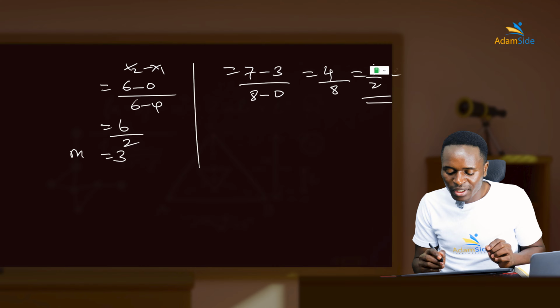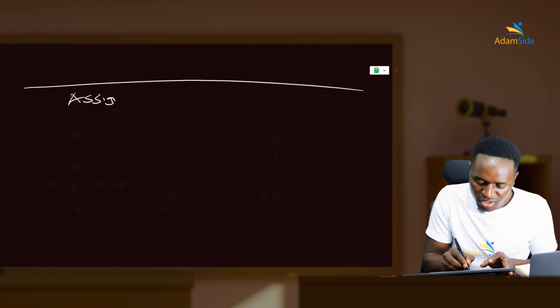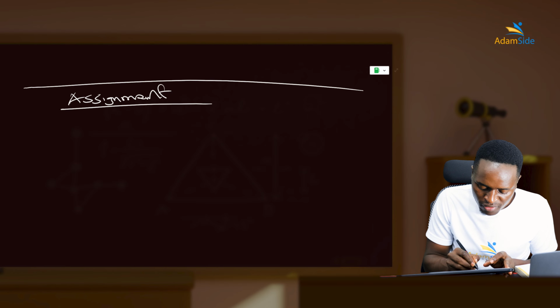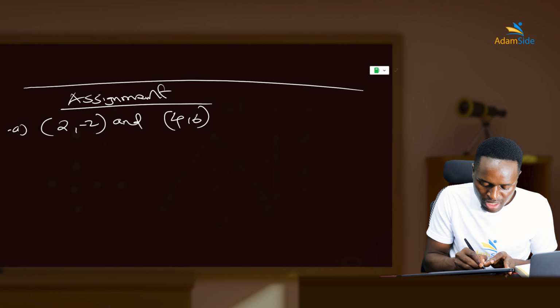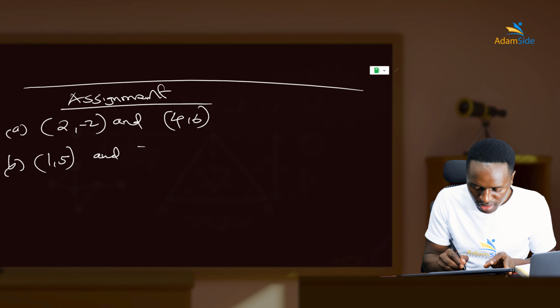Now, do the following as your assignment or homework, dear candidate. You have coordinates (2, -2) and (4, 6). Find it as homework. And do (1, 5) and (5, 1).